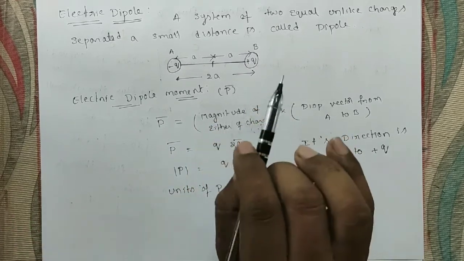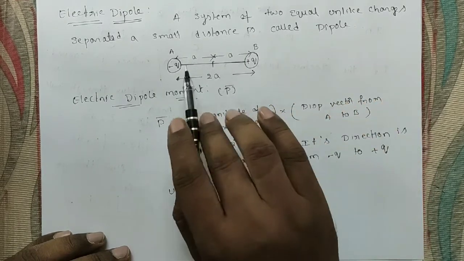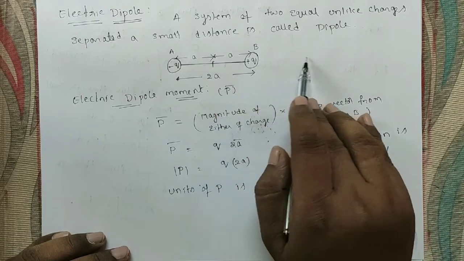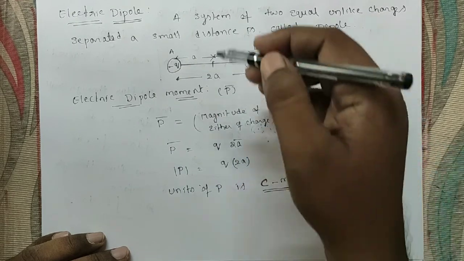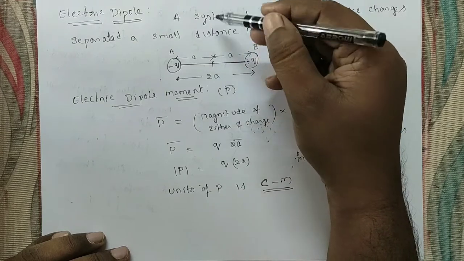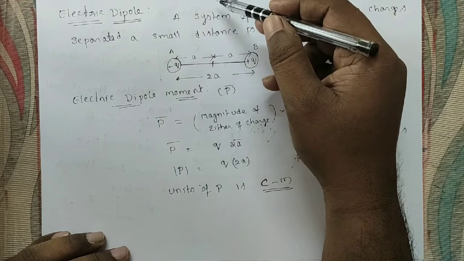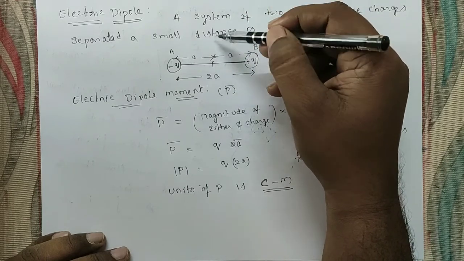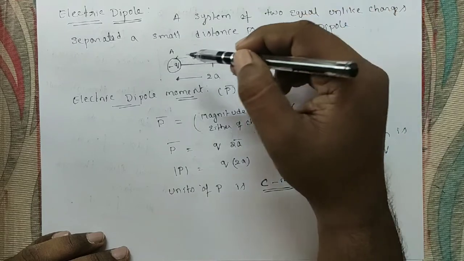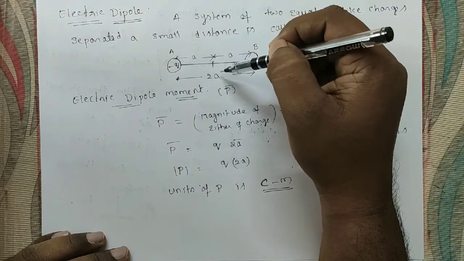We can determine it along its axis, the line joining the two charges, which we call the axial line, and on the plane perpendicular to the dipole axis and passing through its center. That line is called the equatorial line.